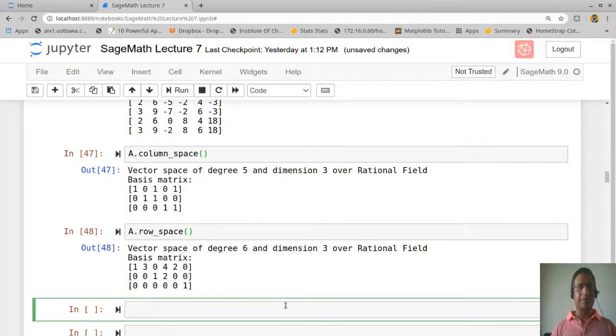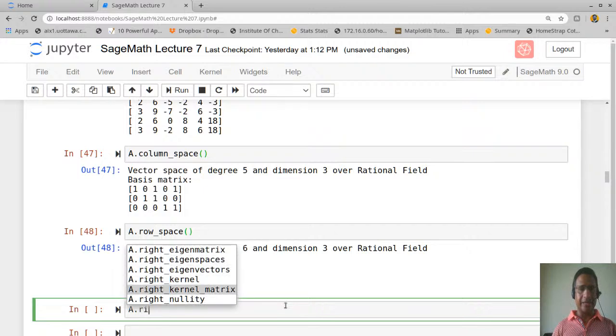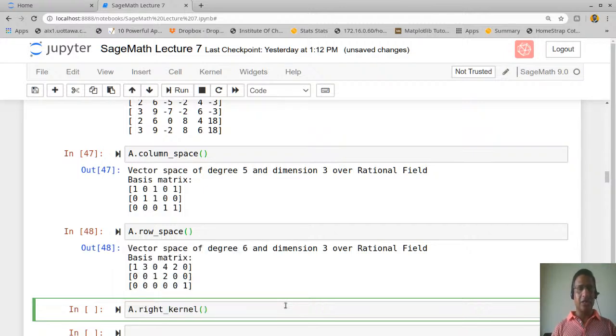Next we can find the kernel. There is a function called A dot right kernel. You have to use right because Sage also has a left option. Generally we write A times X, taking the vector multiplication on the right side, so that is why it is the right kernel.